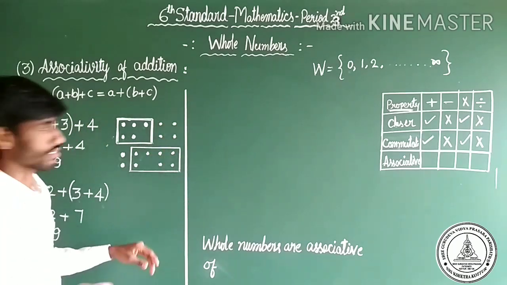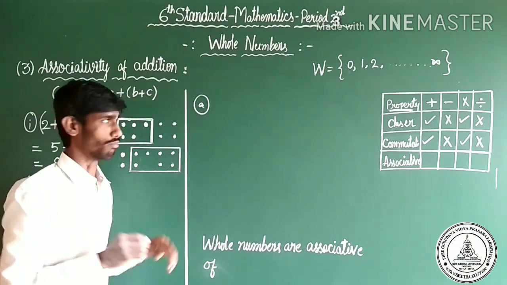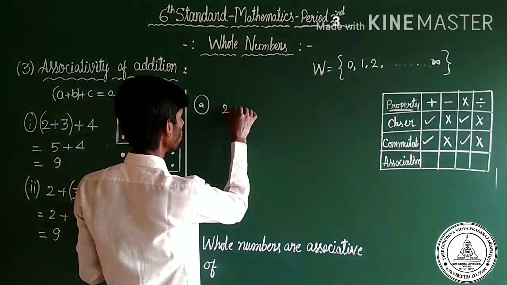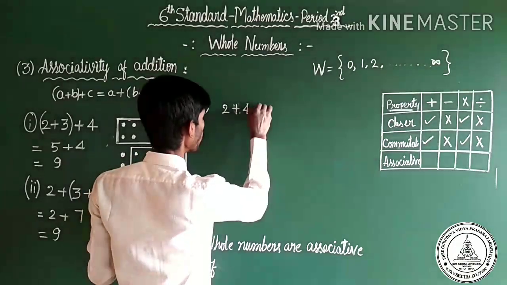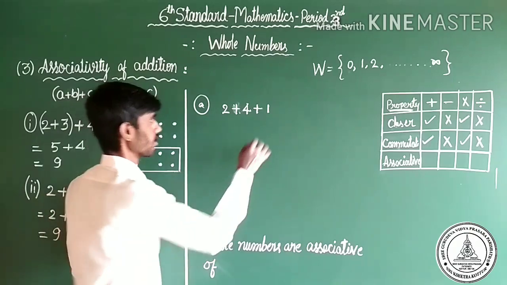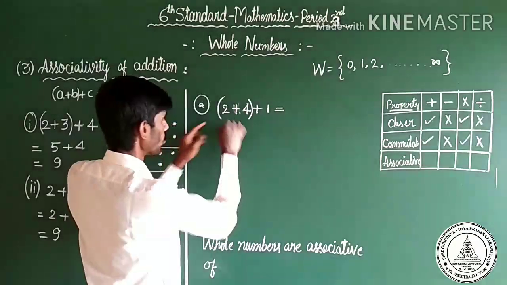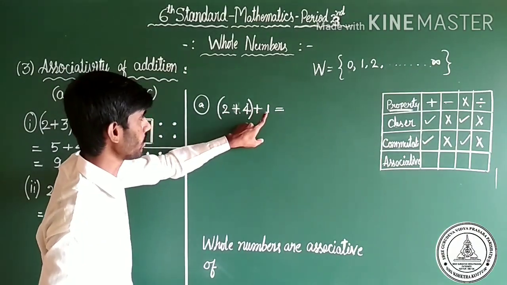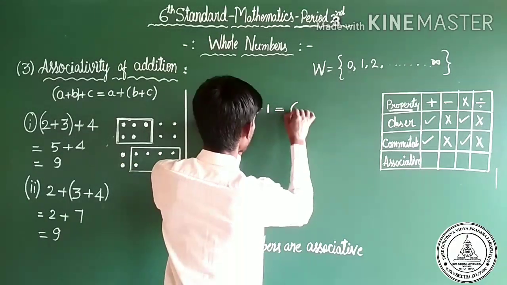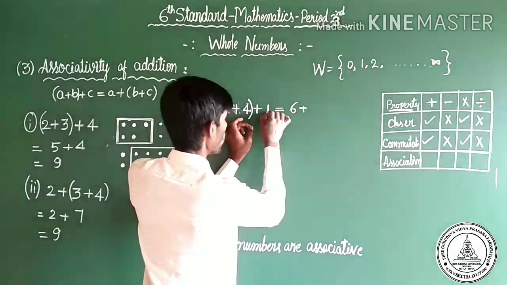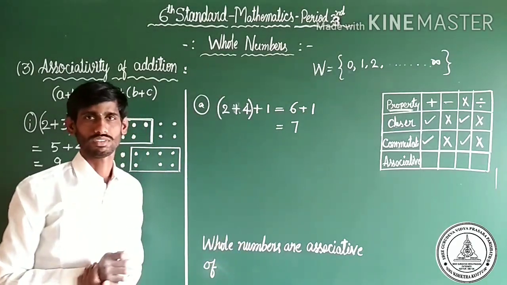Let us take some more examples. Here is 2 plus 4 plus 1. This is one group, 2 plus 4 is one group and 1 is one group. Let us check out. 2 plus 4 is equal to 6. Plus 1 as it is, 6 plus 1 is equal to 7. Okay, Chotu?